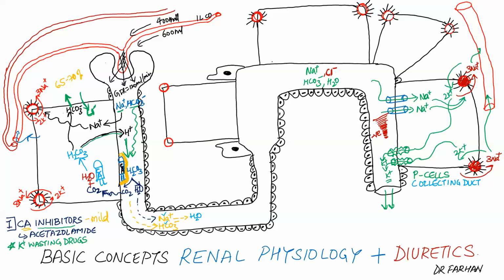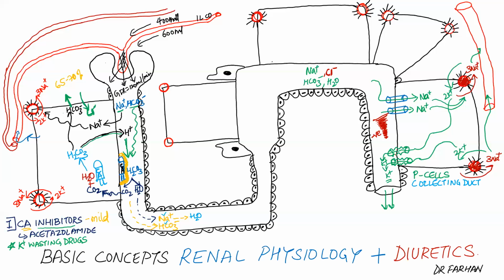Now, when this area is highly electronegative, it will attract more potassium from outside. Since potassium is very high inside the cell, this highly electronegative area will attract the highly positive potassium, and it will lead to more potassium being excreted.